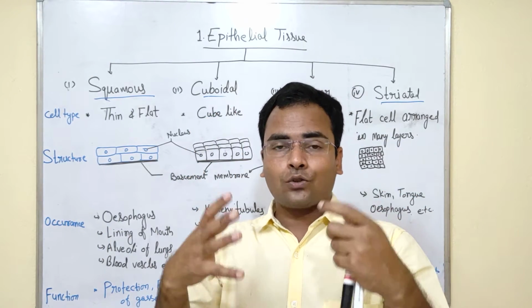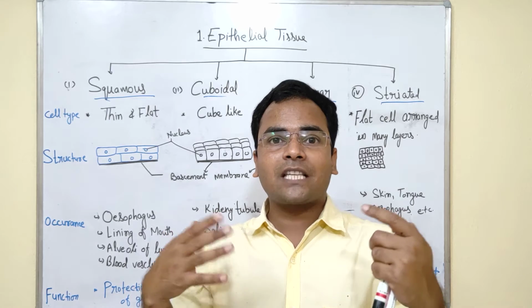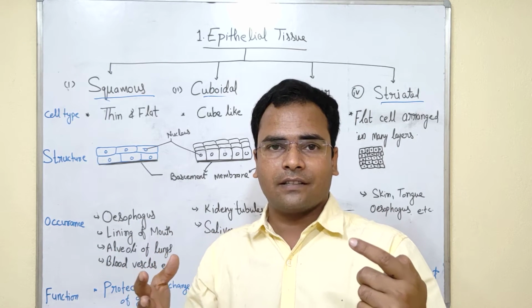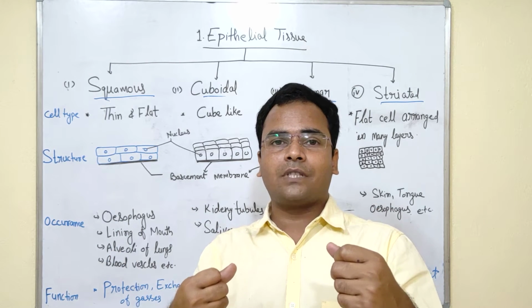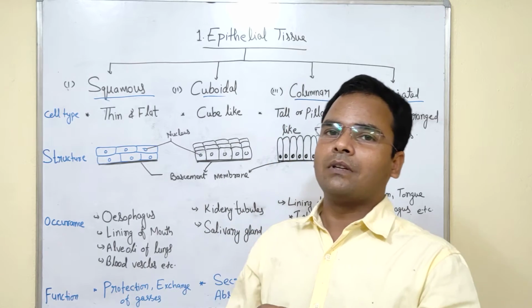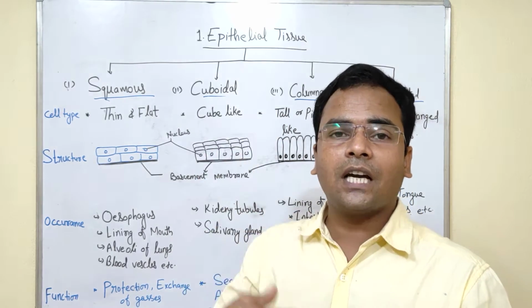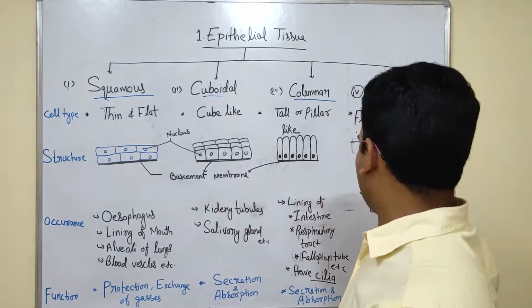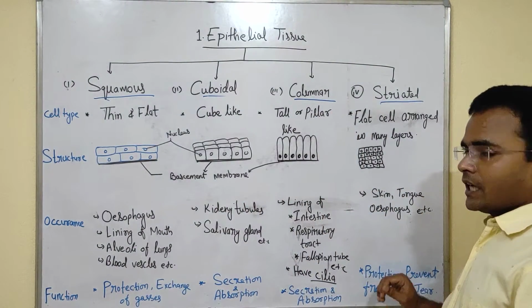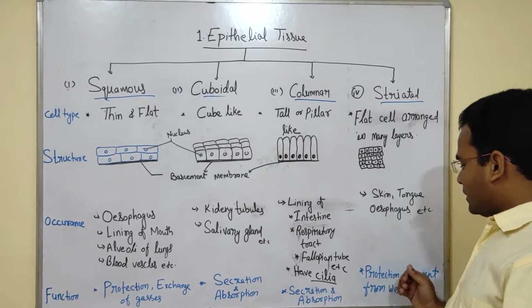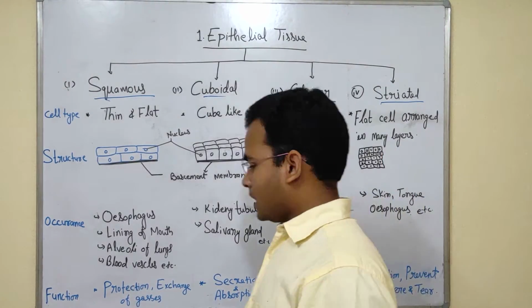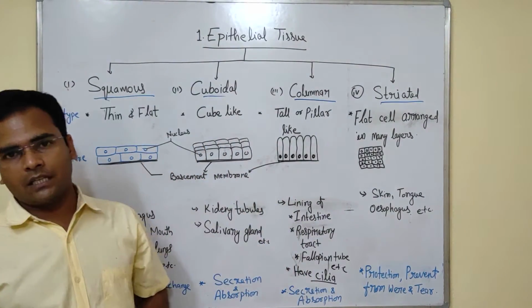They will be present where the maximum chances of wear and tear and damage are there, so at the organs which are at the first line of defense, like tongue, skin, esophagus, etc. Of course their function will be protection, preventing wear and tear.